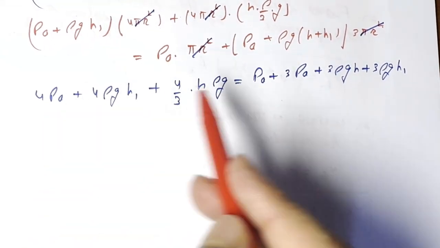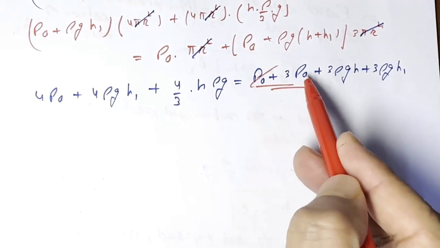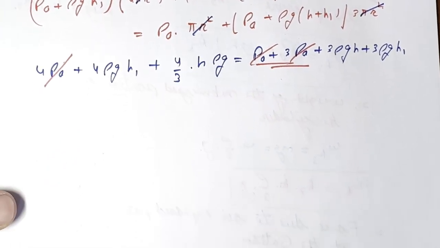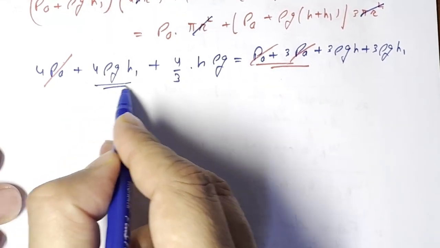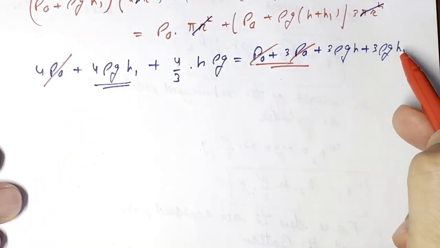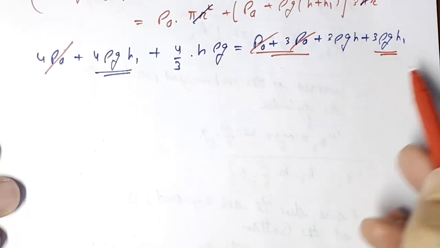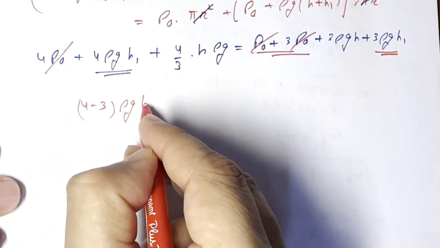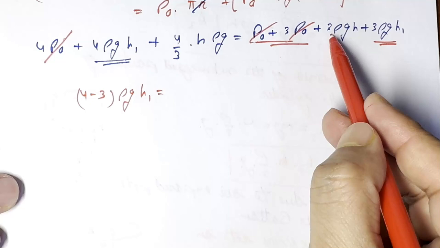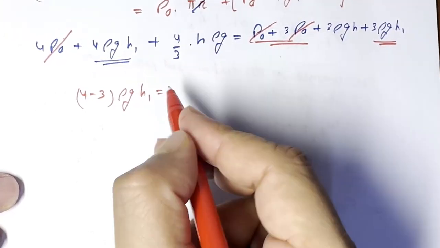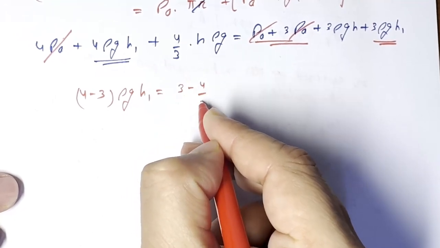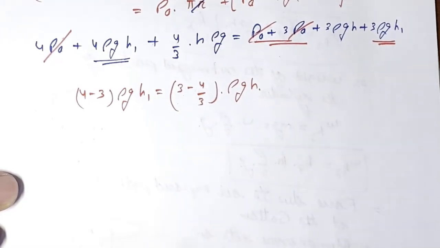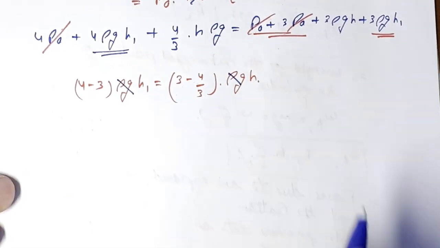Now here it is 4PA, and here is also 4PA, so these two terms cancel out. Here we have 4 rho g H1, and here we have 3 rho g H1. So we can write this as (4 minus 3) rho g H1, and here we have 3 rho g H and this is 4 by 3 rho g H. So this becomes (3 minus 4 by 3) rho g H. Rho g cancels out.